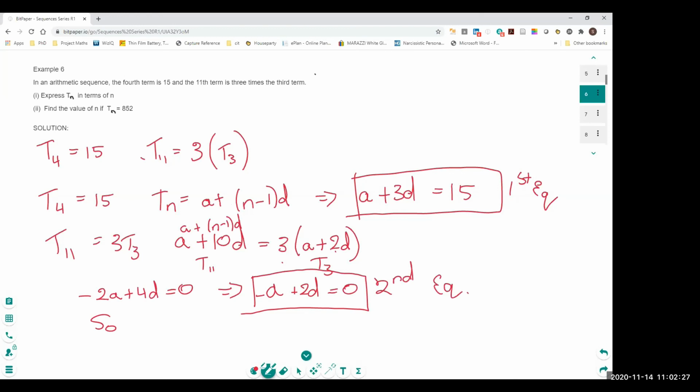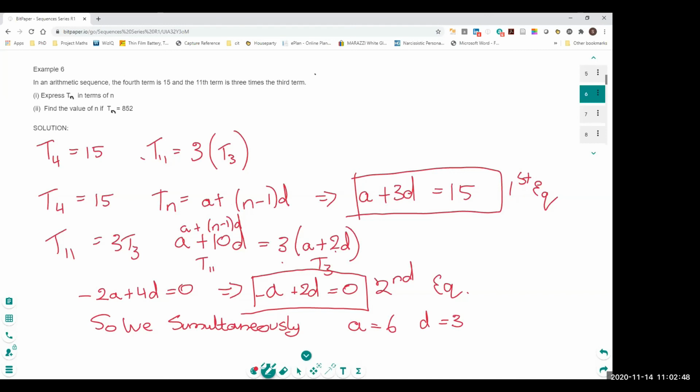Okay, so I'm not going to do that on the board because I want to focus on the sequences topic. You solve that simultaneously and you get a is equal to 6 and d is equal to 3.